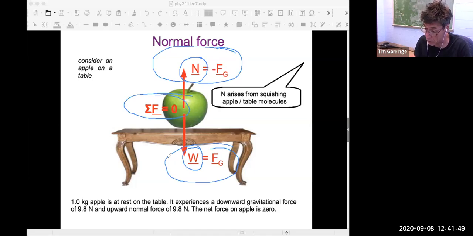And because they're being squished together, they push back. And that push back is the normal force. So it comes about at the atomic molecular level, as the atoms and molecules of the apple and the table interact with one another. Anyway, this is the second character in today's class, the normal force.